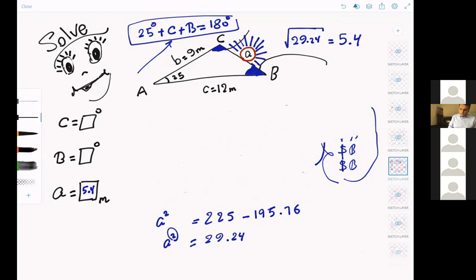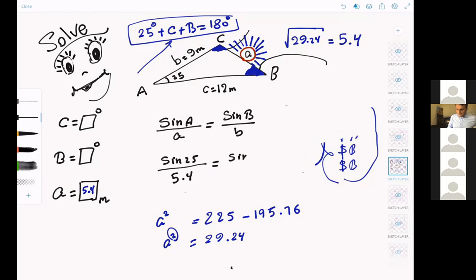So law of sine says sine of A over A equals sine of B over B. I'm going to just write this one. So we have sine of 25 over 5.4 equal to sine of B, which we are looking for, over 9. So now we have one equation, one unknown.